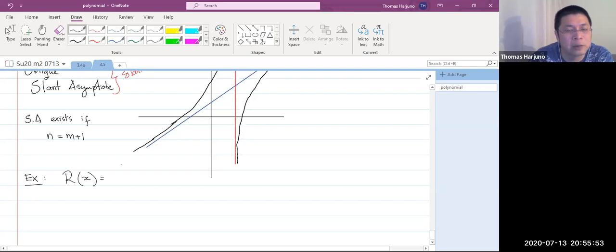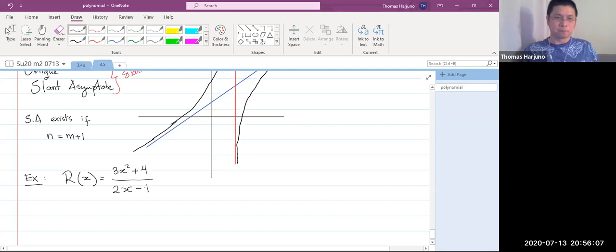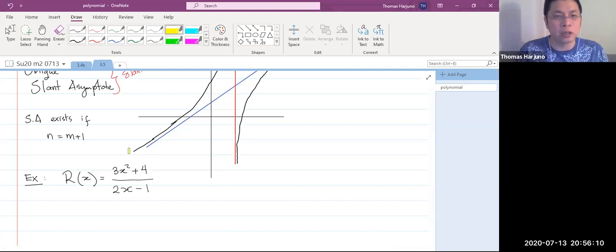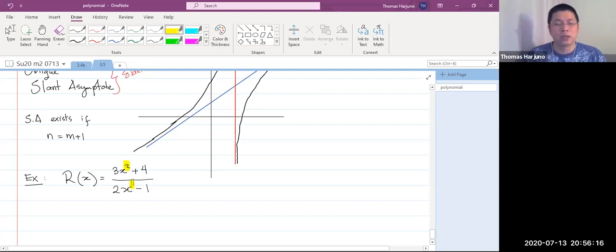Let's say, for example, I have 3x squared plus 4 over 2x minus 1. You see that the degree on the top is one more than the degree at the bottom.